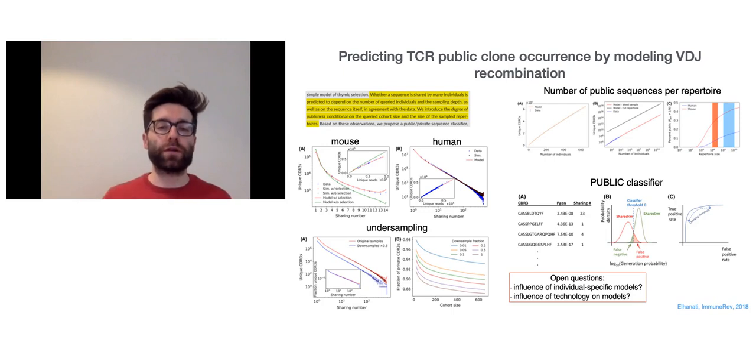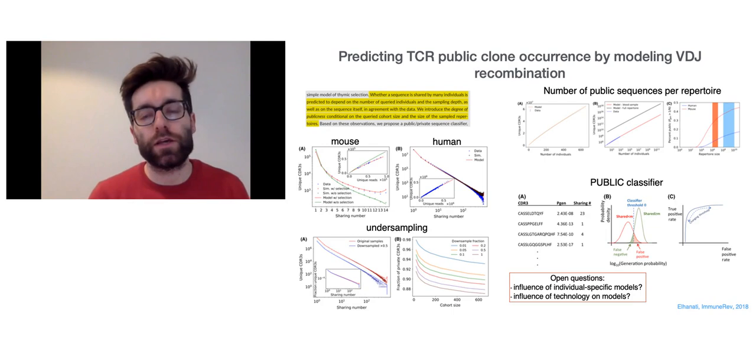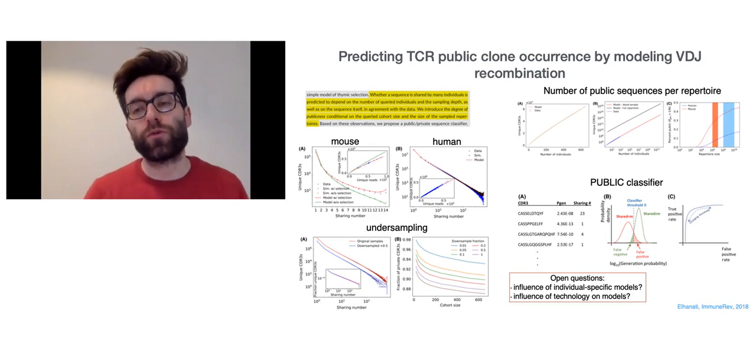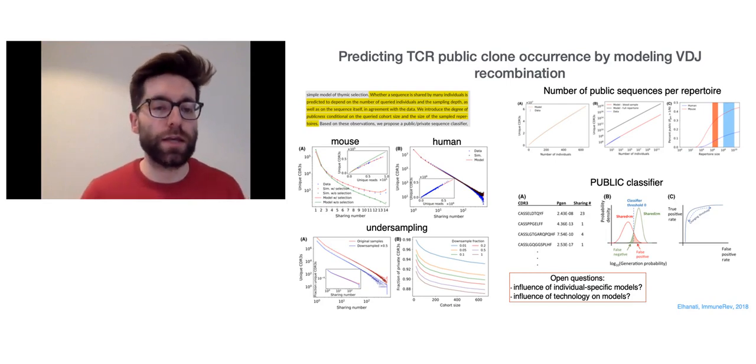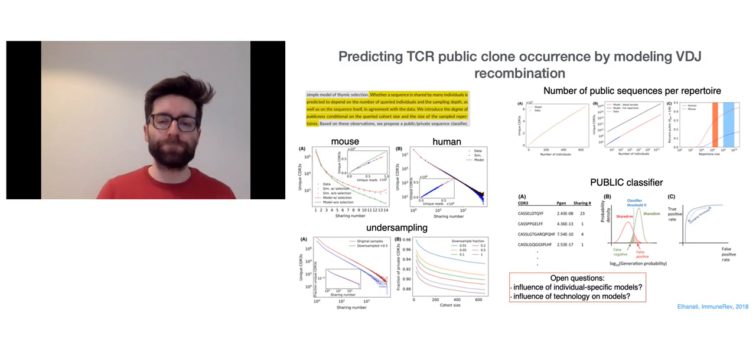This framework of looking at generation probabilities has also been used for looking at the expected number of public sequences per repertoire in mice and human. And I think in this paper we also have TCRs and BCRs, if I'm not mistaken.